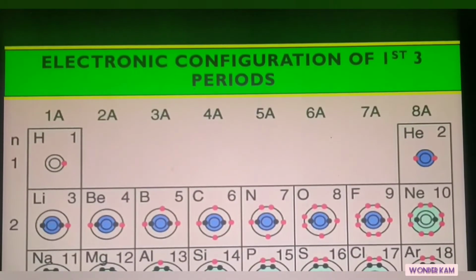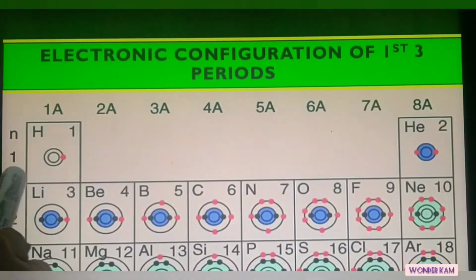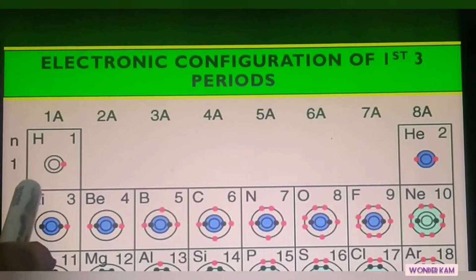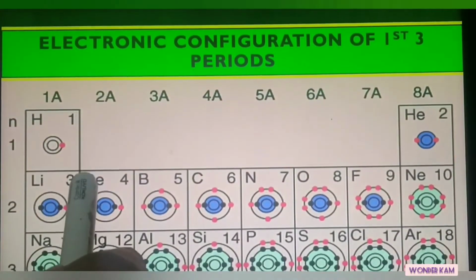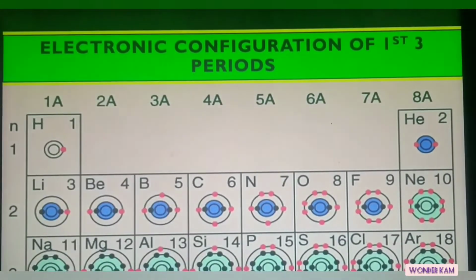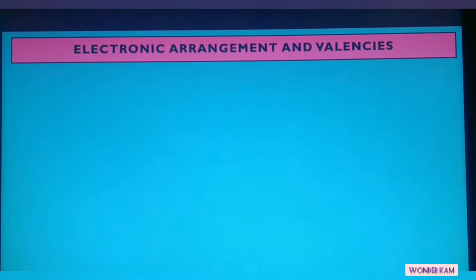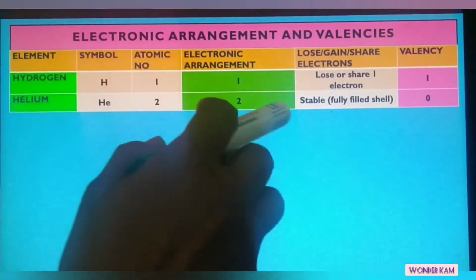Here is one more piece of information that we get: the valency of the elements. The periods also tell about the outermost shell, or the electrons which are present, that is, valence electrons. The valency of the elements depends on the valence electrons. You can see in the case of hydrogen and helium, the electronic arrangement is like that.